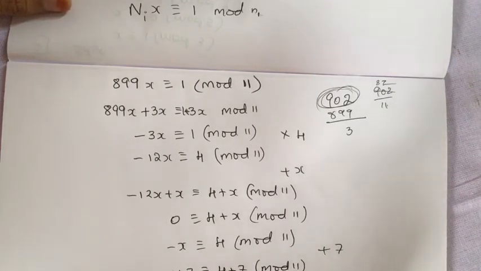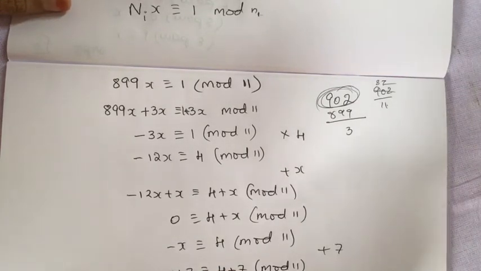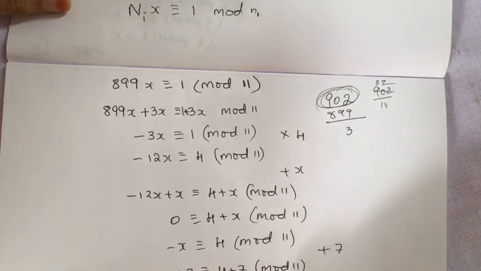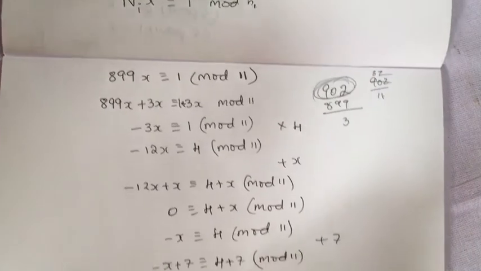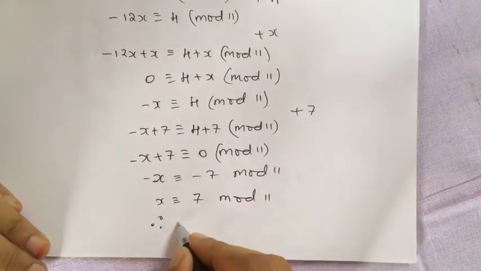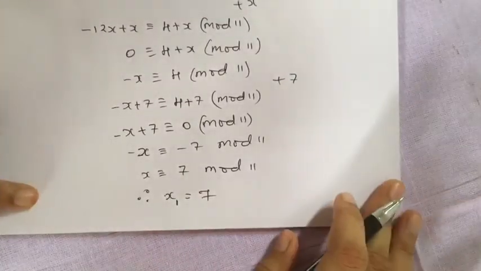So I can directly write minus x is congruent to minus 7 mod 11, and x is congruent to 7 mod 11. Therefore x1, the solution to this, is 7.